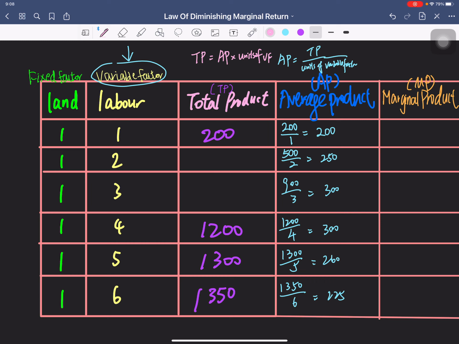For this one, the variable factor's unit is 2, and the average product is 250. Then it should be 2 times 250, and it should bring us 500. And for this one, we have 3 times 300. It should bring us 900. So you have learned how we can find the total product and the average product.